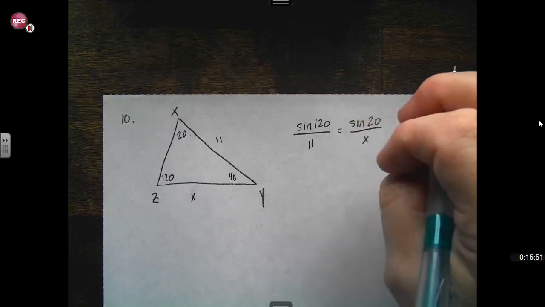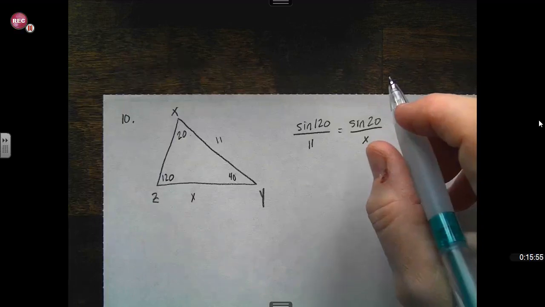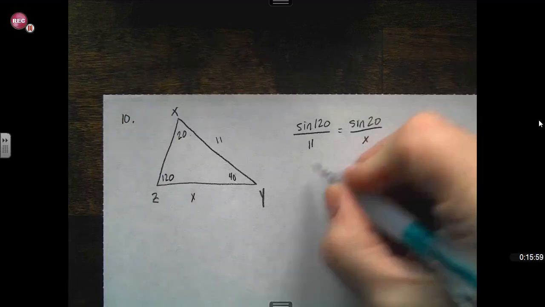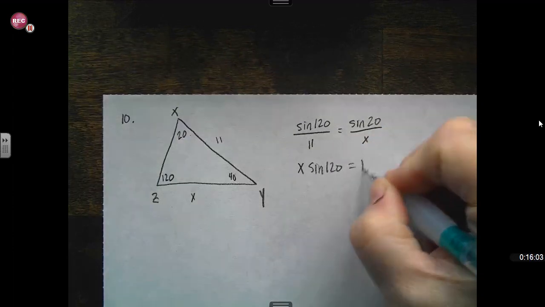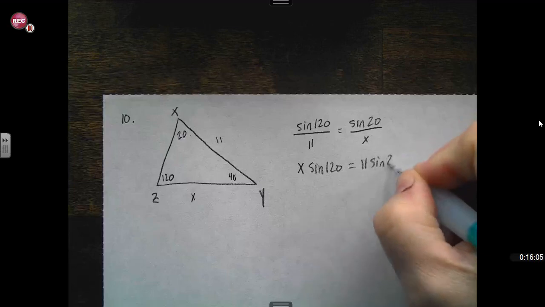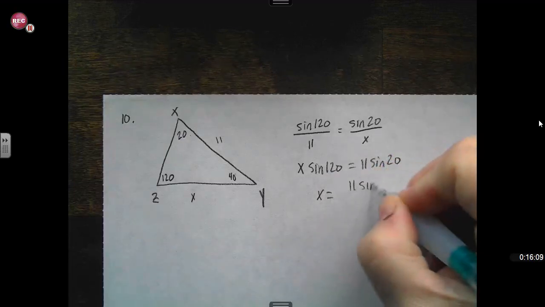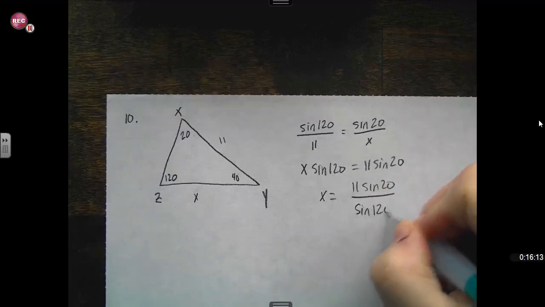No, couldn't, because you'd have to know little y. Anyway, so x sine 120 equals 11 sine 20. X is 11 sine 20 over sine 120.